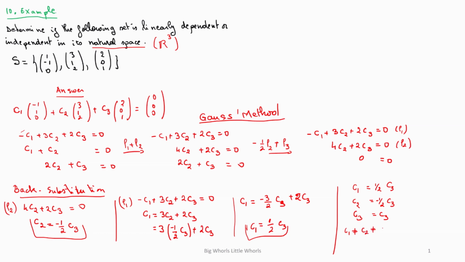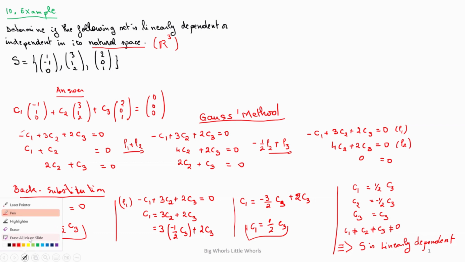Therefore, S is linearly dependent. That means we can write some vectors as linear combinations of the others.